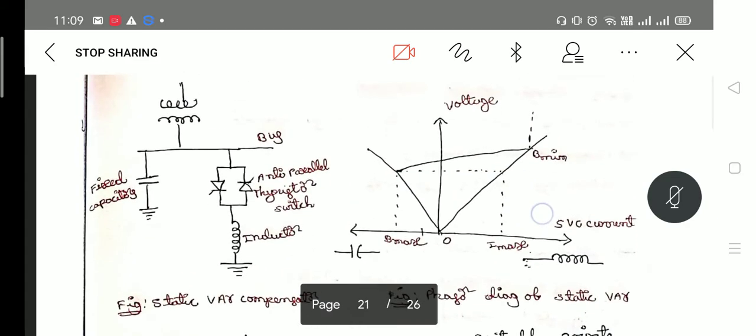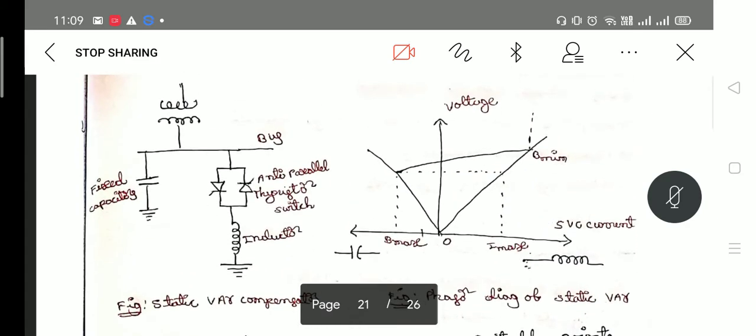Here, this is the static VAR compensator circuit diagram. Here we have connected one anti-parallel thyristor, inductor and fixed capacitor. By using this anti-parallel thyristor switch, we can control the voltage.